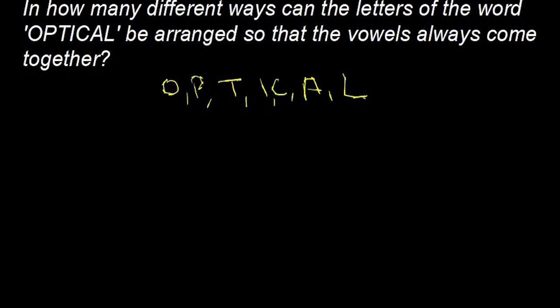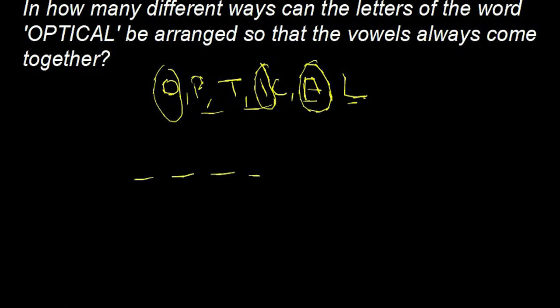How many vowels are there? So let's mark the vowels: O, I and A. So three vowels are there and four consonants are there. Now the thing is, how many places are there? Obviously 7 places. Out of them, the bunch of 3 letters is always there, like O, I and A. So there is a packet of A, I, O or O, I, A. After that, 4 letters are remaining.